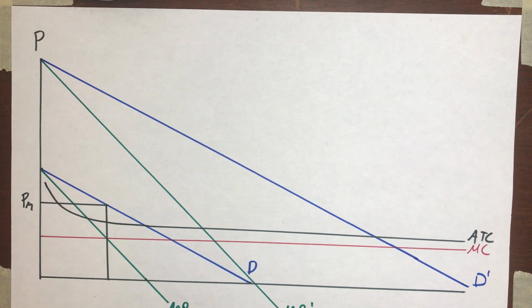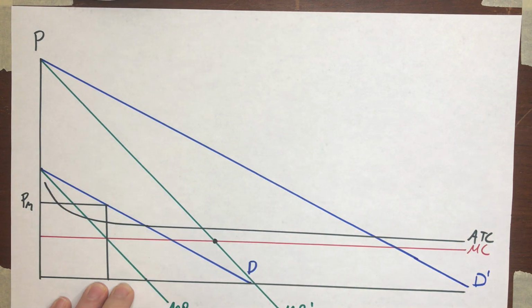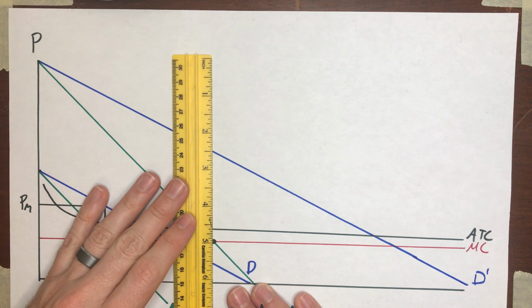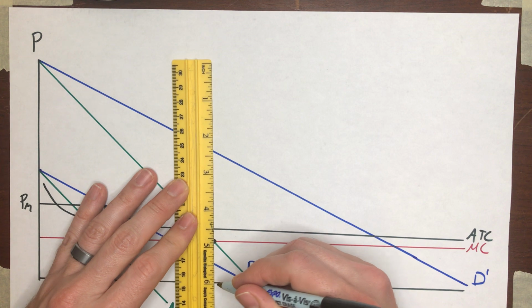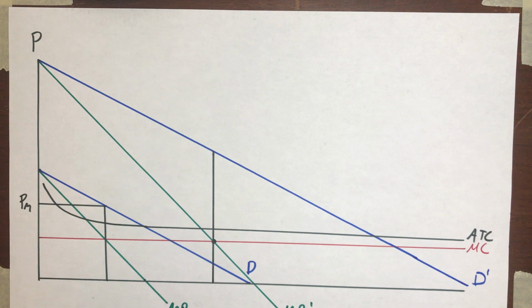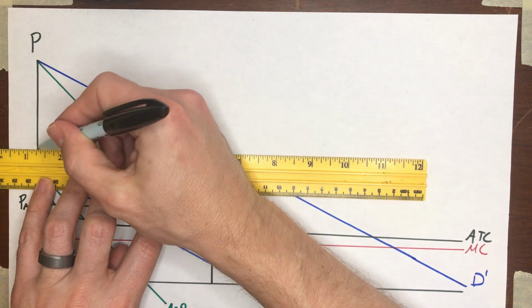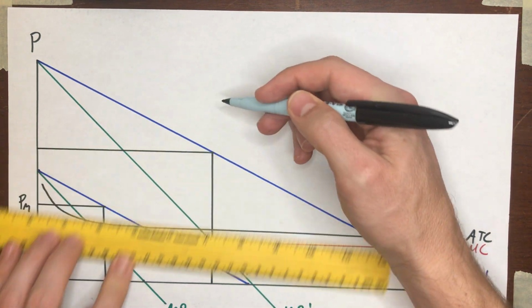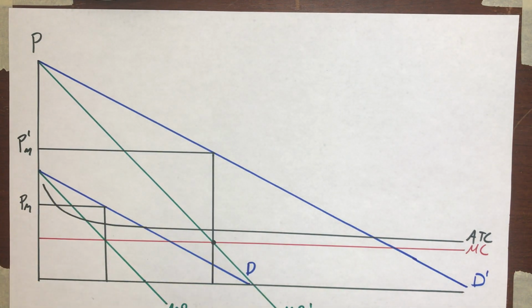And now what happens? Well, the new marginal revenue curve intersects the marginal cost curve at this point. It's going to give you a new level of output here, and that level of output plugged into this new higher demand curve will give you this higher price, PM prime.